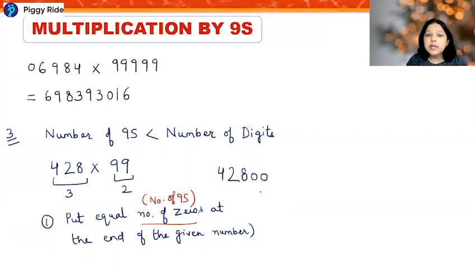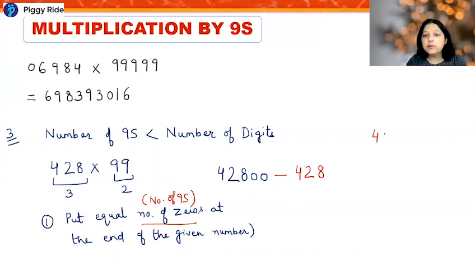Now from this new number, you subtract the actual number. The actual number was 428. So from 42800, the new number which you have got, you have to subtract 428. It is a little different from the other two cases, but it is not difficult.